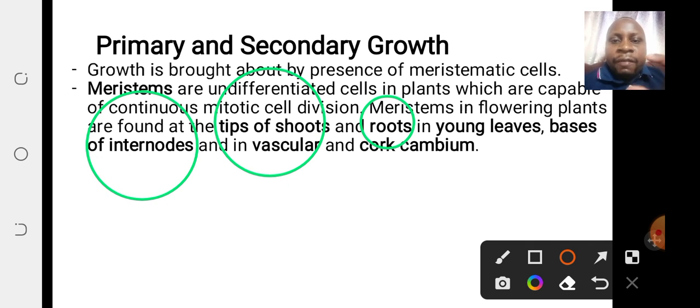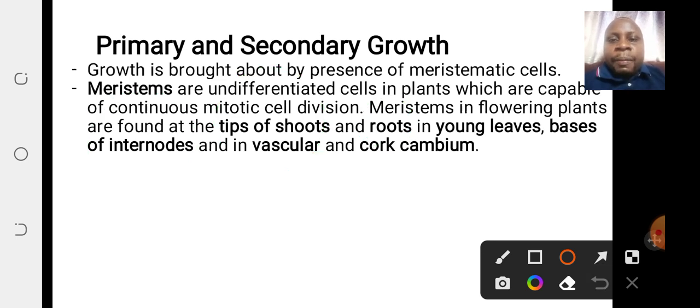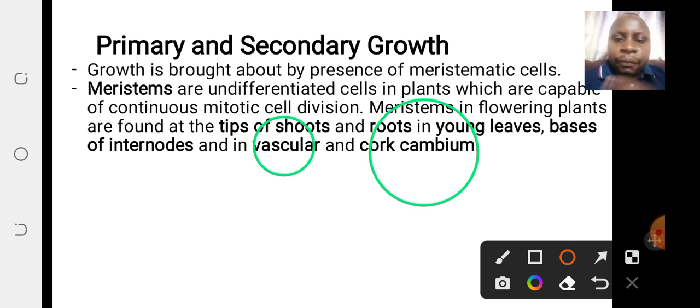When they divide by mitosis, they lead to increase in size of the internodes, as in monocotyledonous plants like maize and sugarcane. On the other hand, those meristems which are found at the cambium are of two types, the vascular cambium and the cork cambium. They bring about secondary growth, or increase in girth or diameter of the stem.